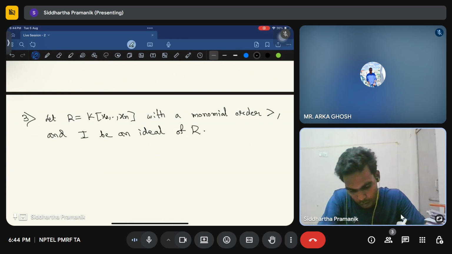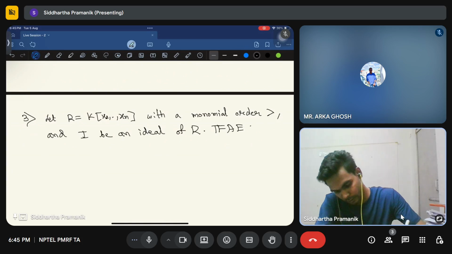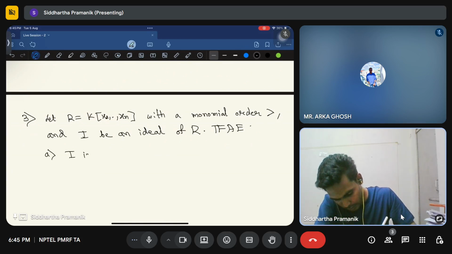Then the following conditions are equivalent. The first one is I is a monomial ideal.